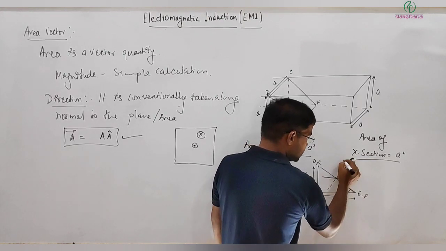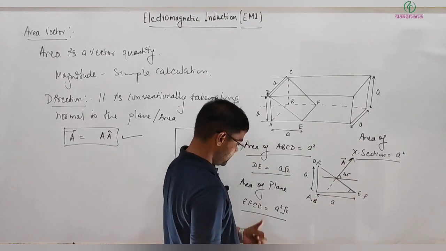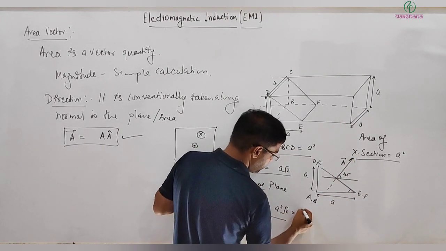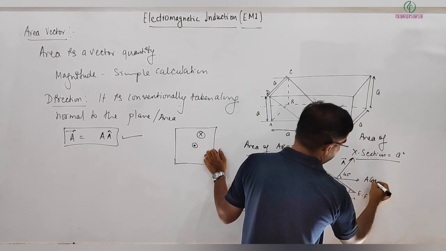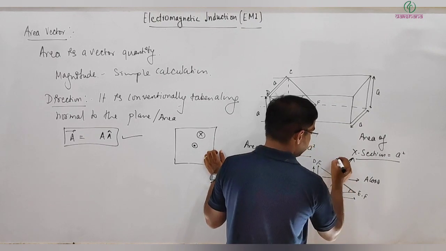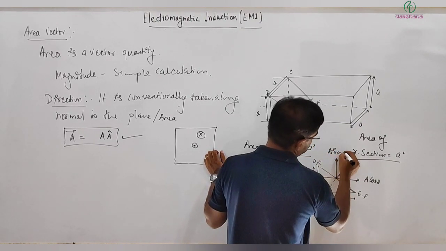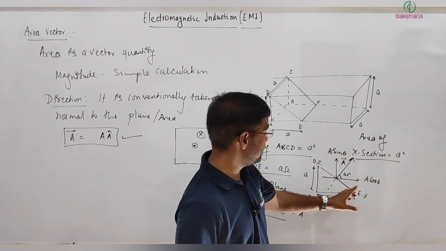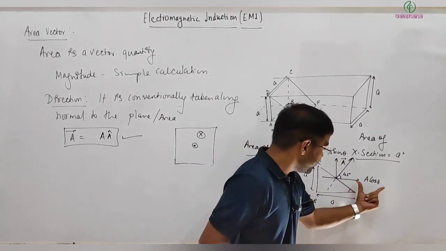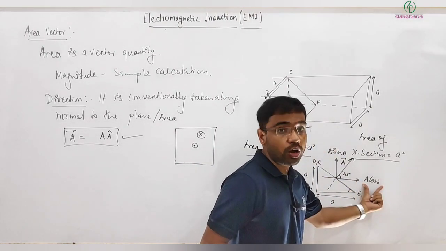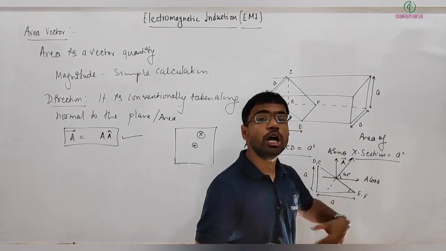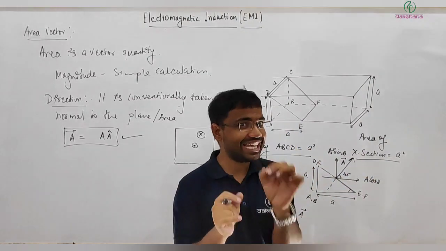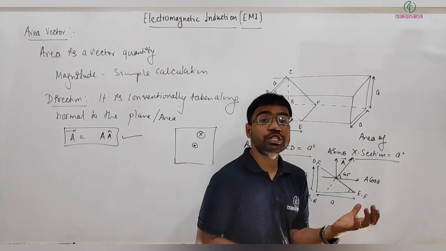If this is my area vector A bar, I can resolve it into two components: this will be A cos theta, and this will be A sin theta. I hope you are understanding. Now just imagine, this is what direction of the area vector means. This should be along the normal to the plane, and that will be along which plane?